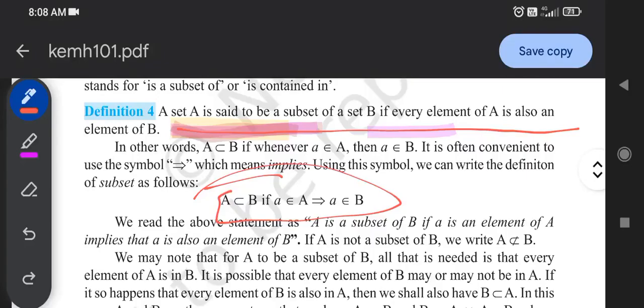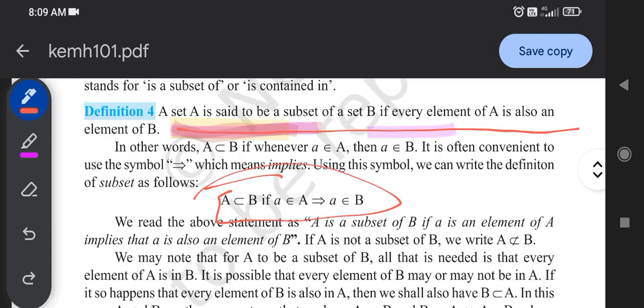Definition. A set A is said to be a subset of a set B if every element of A is also an element of B. In other words, A is a subset of B if whenever a belongs to A, then a belongs to B. It is often convenient to use the symbol implies, which means implies.